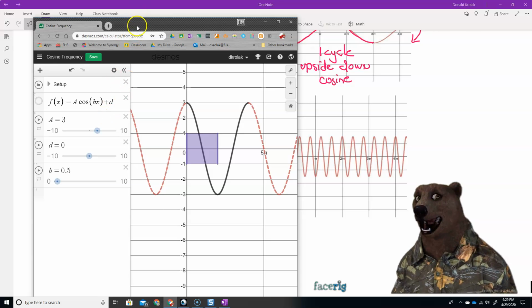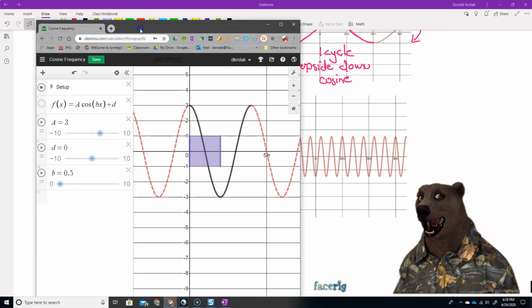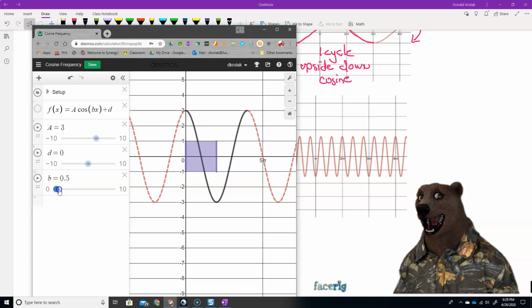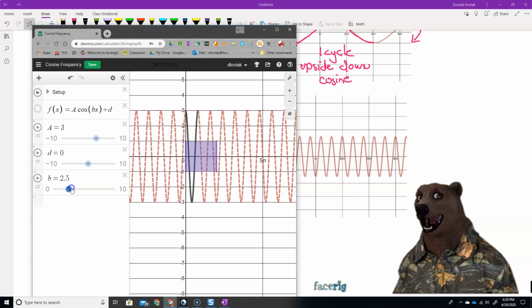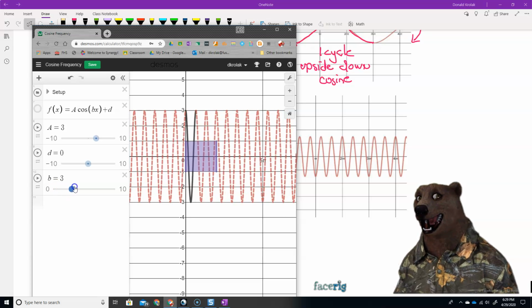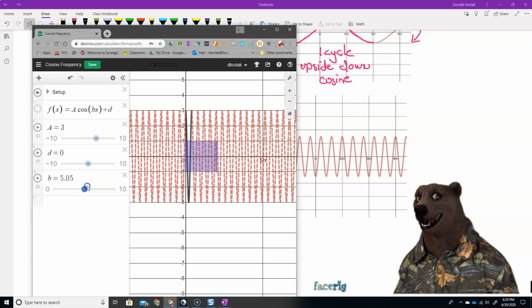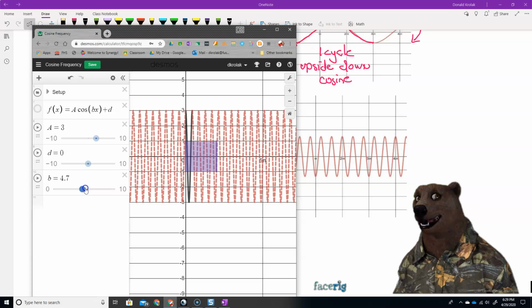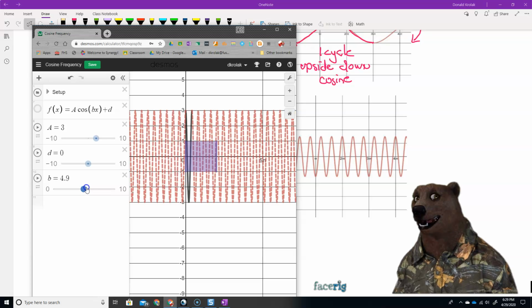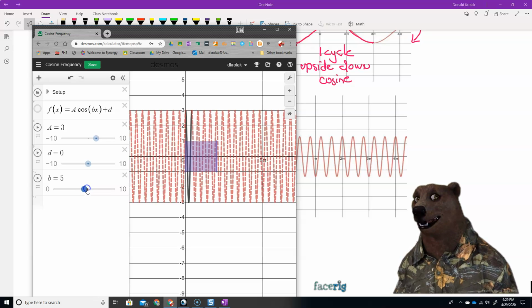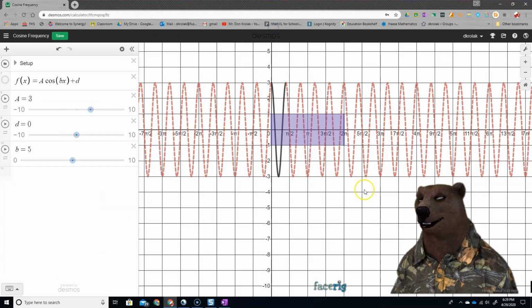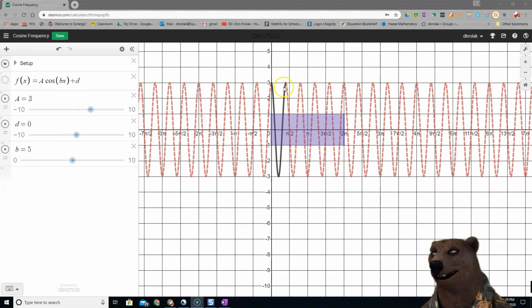And then B was equal to 5. So I just slide that out to 5, and that's what my graph looks like. Okay, there it is. So there's 5 cycles of cosine in that purple area.